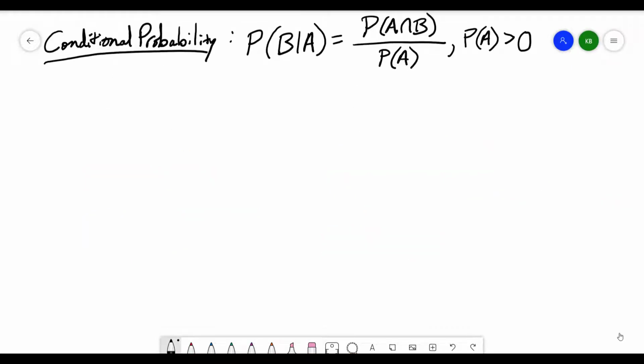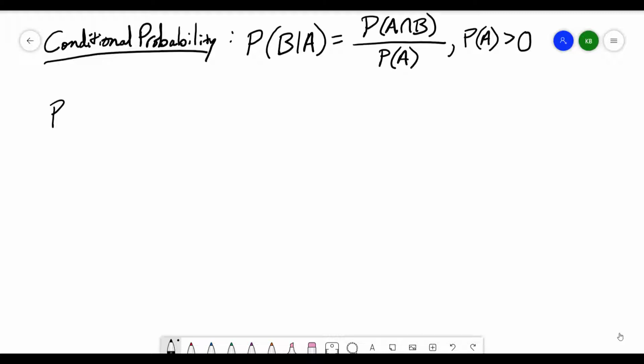Now remember, our conditional probability for the probability of B given that A had occurred was the probability of A intersect B divided by the probability of A, provided that the probability of A was greater than 0.